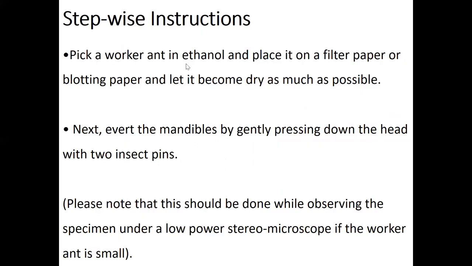Pick a worker ant in ethanol and place it on a filter paper, or blotting paper, and let it become as dry as possible. If the specimen is as dry as possible, then it's very easy to see the body morphology, body sculpture, the clypeus structure and others that you should check for identification.